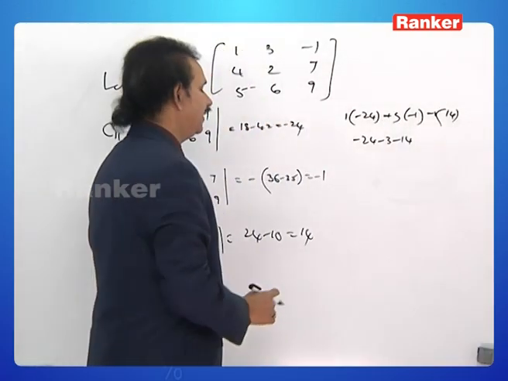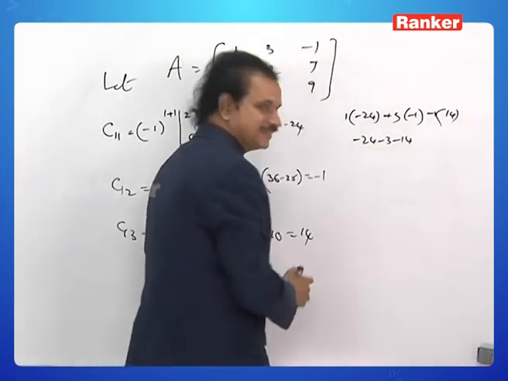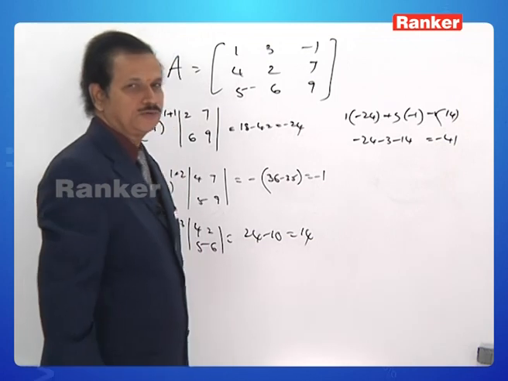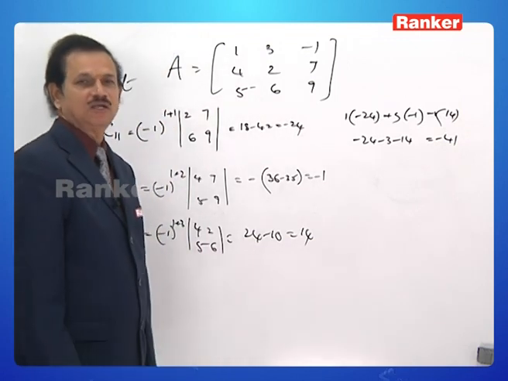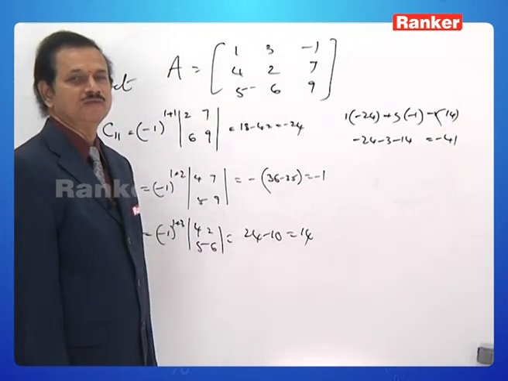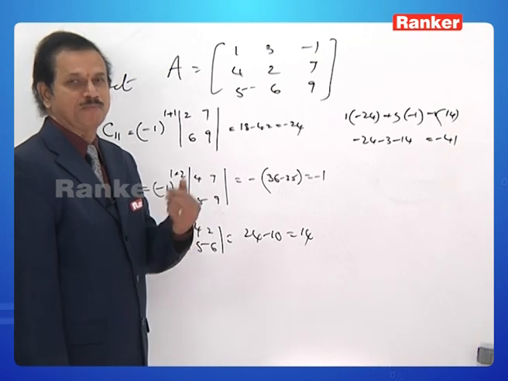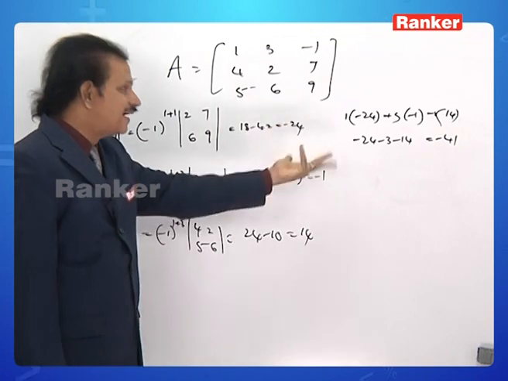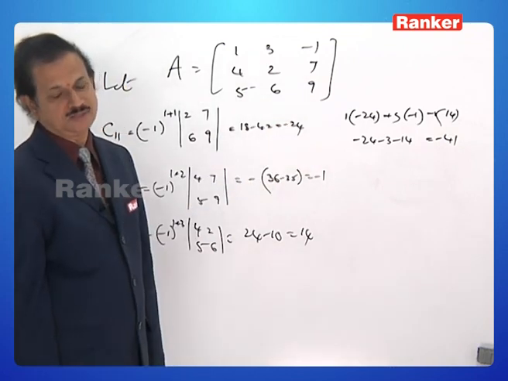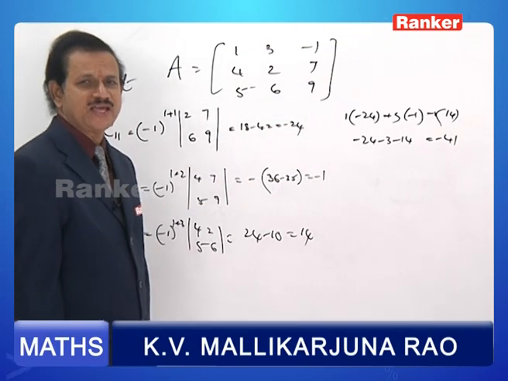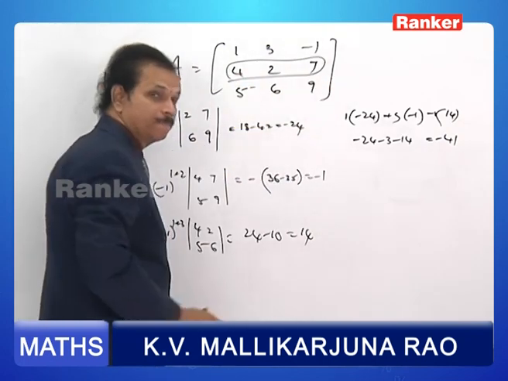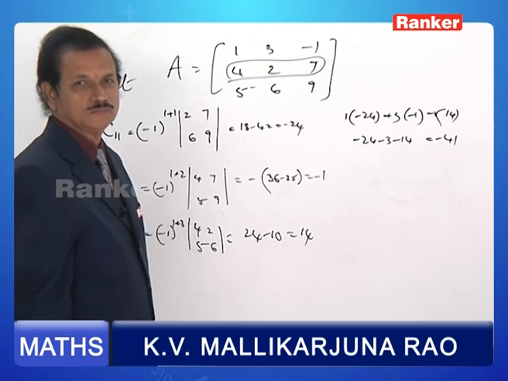Minus 24 minus 14 is minus 38, minus 3 is minus 41. What you could have done is, we have found the sum of the products of the elements of the first row with their corresponding cofactors. Well, you can do the same work in view of the second row.